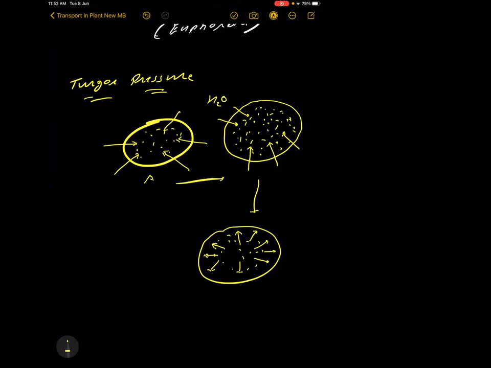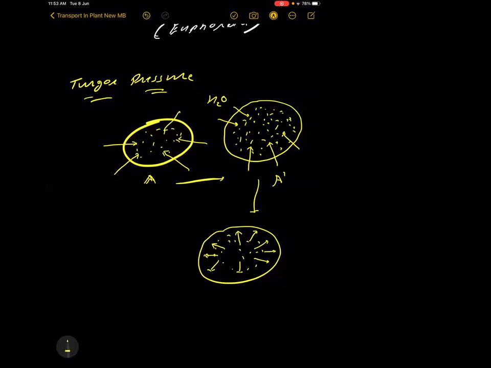The water entry starts here because of endosmosis, so the cell becomes slightly larger than the previous position. In the previous condition it is smaller, and now it is larger. Slight enlargement occurs because the cell membrane and cell wall are slightly elastic.